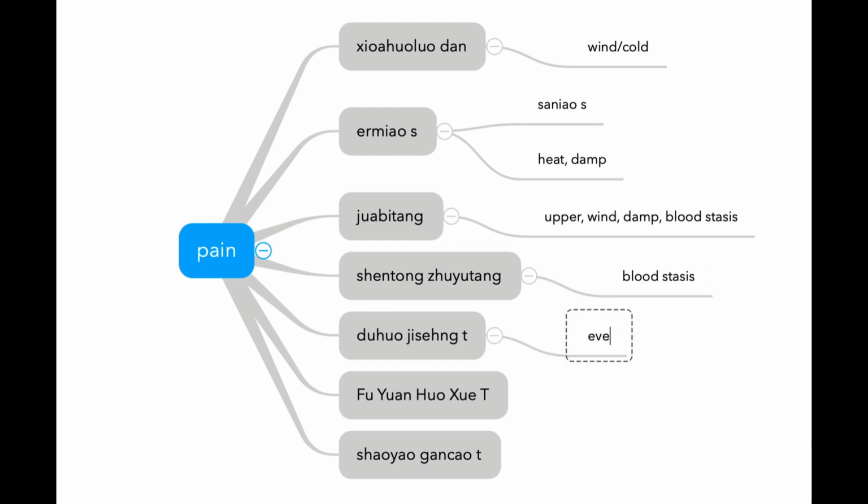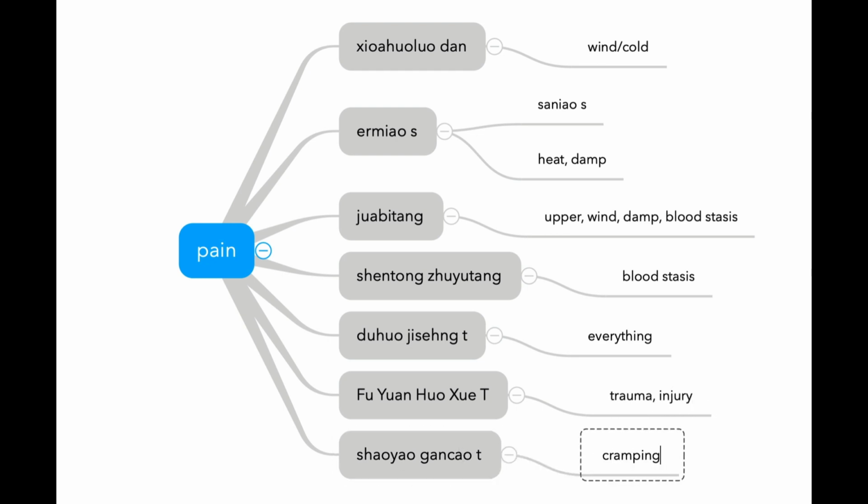Duhuo Jisheng Tang, most of everything. And this is trauma. These are the keywords: trauma, injury, cramping, muscle. So these are the formulas used for pain. Seven pain formulas.